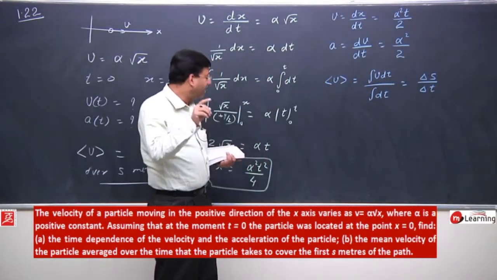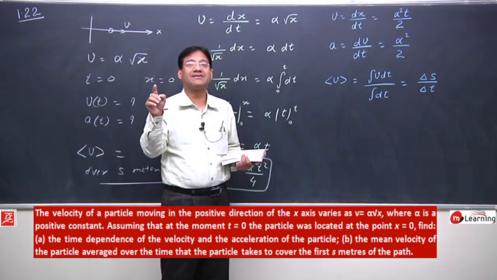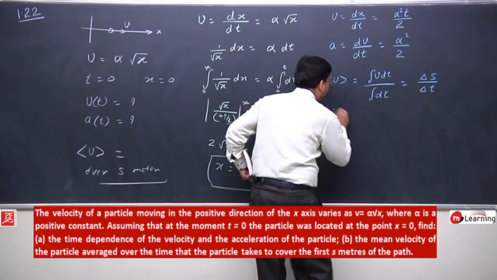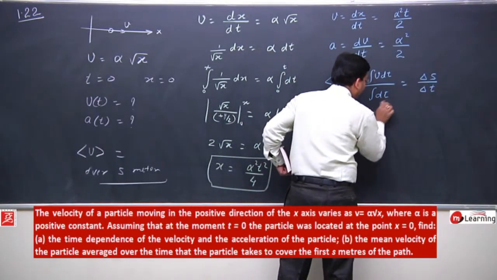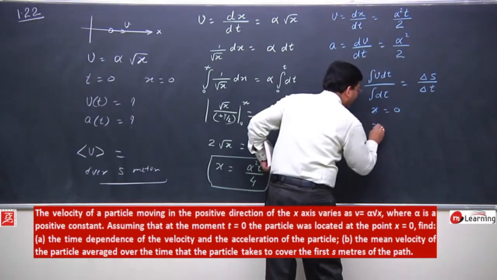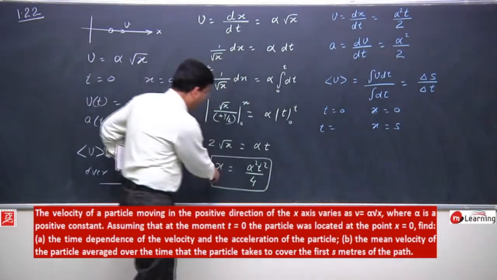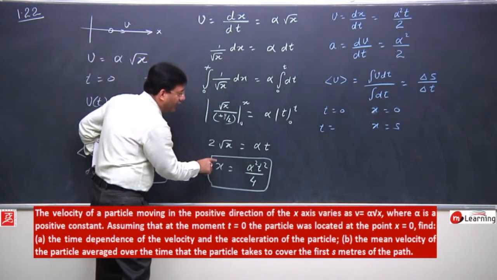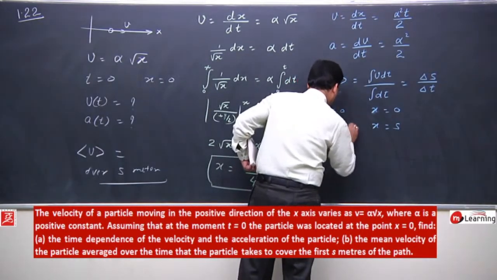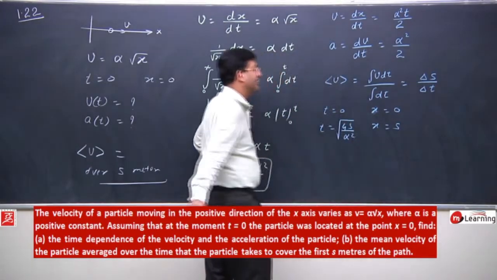Now, how much time it will take to travel the first s meters, we can find out. We say at t equal to 0, x equal to 0, and when x is equal to s, this time would be, instead of x I will write s, 4s by alpha square, and under root of this is the time.